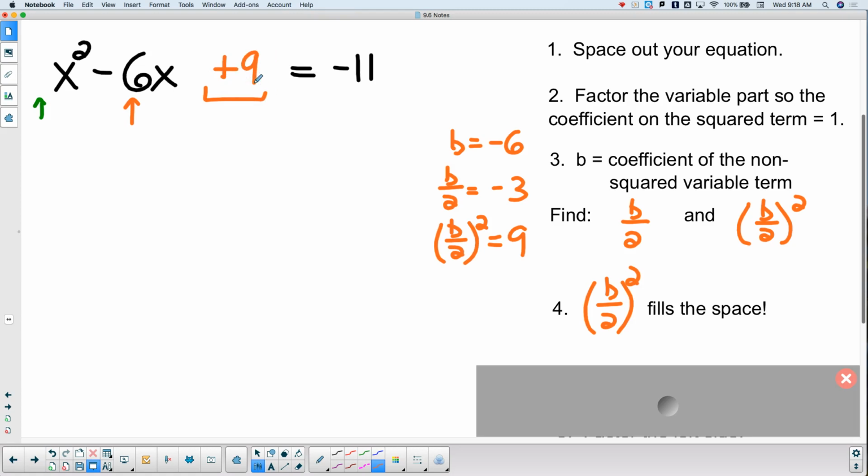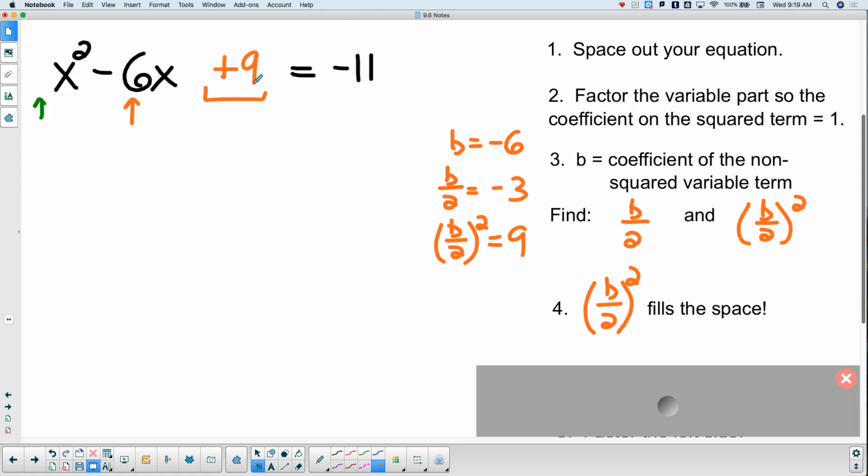But now what have I done to my equation? I haven't balanced it because I added 9 to one side. So I've unbalanced my equation, right?